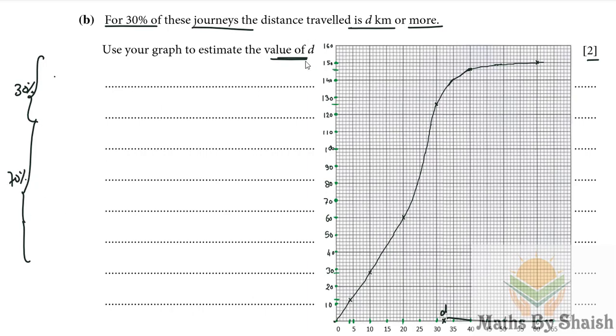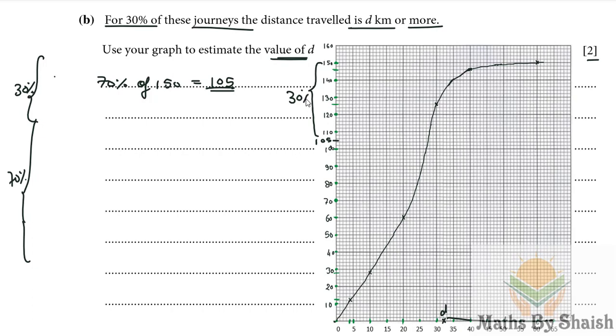So 70% of the total, we can calculate from here, 70% of 150 is 105. Means at 105, we can see 105 would be somewhere here, and above it is 30%.